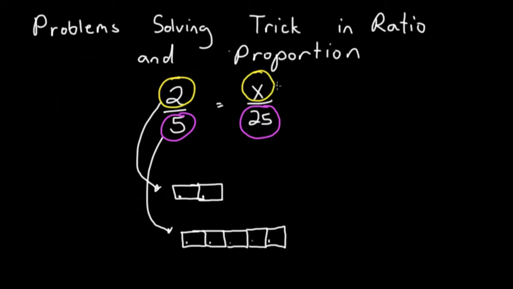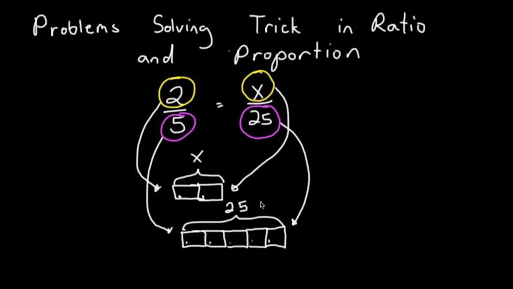Okay, so let's proceed. So this is 2 is to 5. But then that is also equivalent to the ratio x is to 25. So what you want to do next is to match them. Right? So this is the first term, so this will be x. And then this is the second term, so this will be 25.